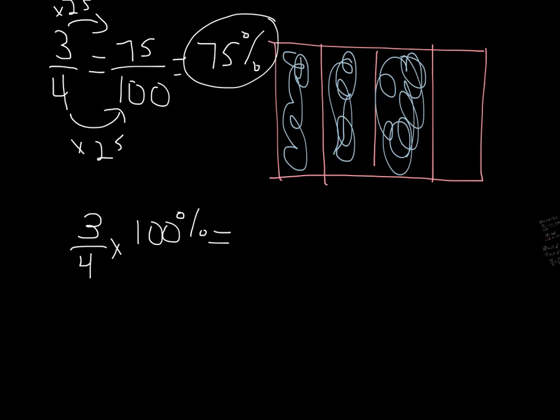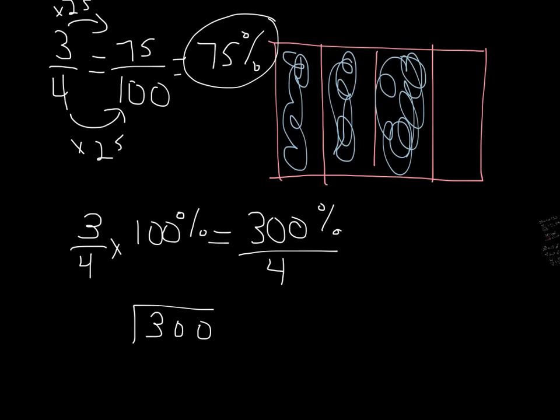And so multiplying a number times 100% is like multiplying it by 1. And so we would do 3 times 100%, which is 300% over 4. And so we could just do, this is of course 300 divided by 4. And if you do 300 divided by 4, you get 75. So it is also 75%. That way is not easier when numbers can go into 100, but there will be some times in the future we need to be able to do it that way.